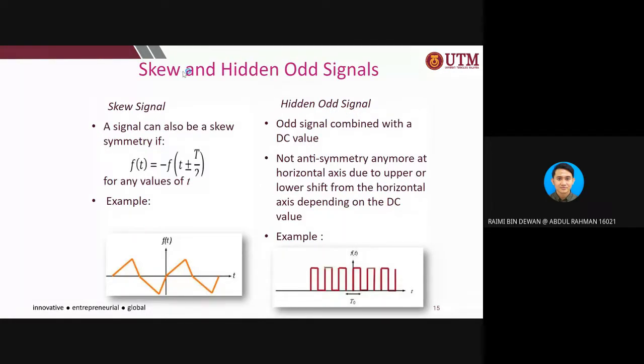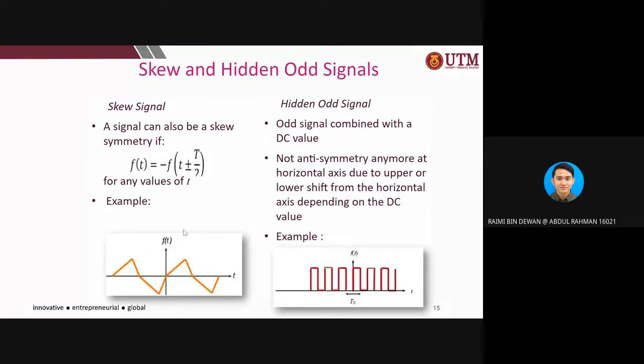Then we have skew and hidden odd signals. A skew signal has skew symmetry if f(t) equals negative f(t plus or minus T over 2), where T is the period, for any value of t.